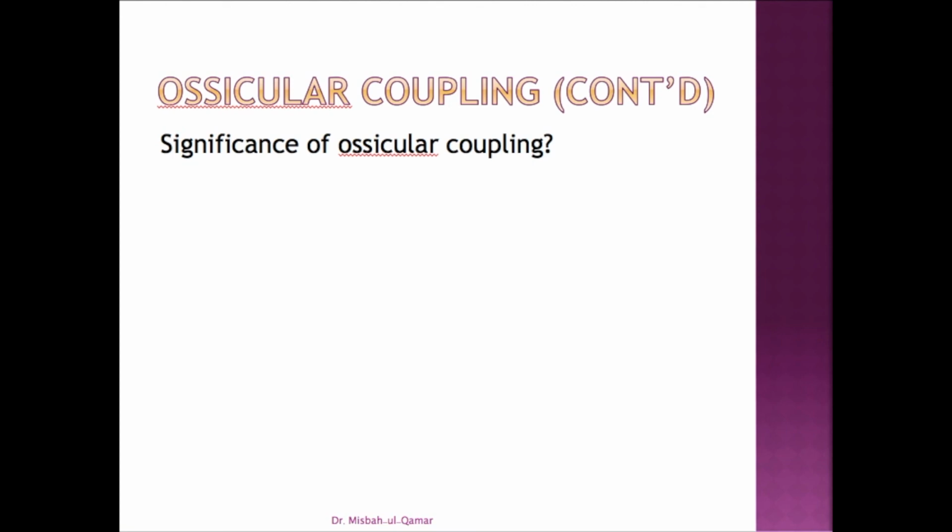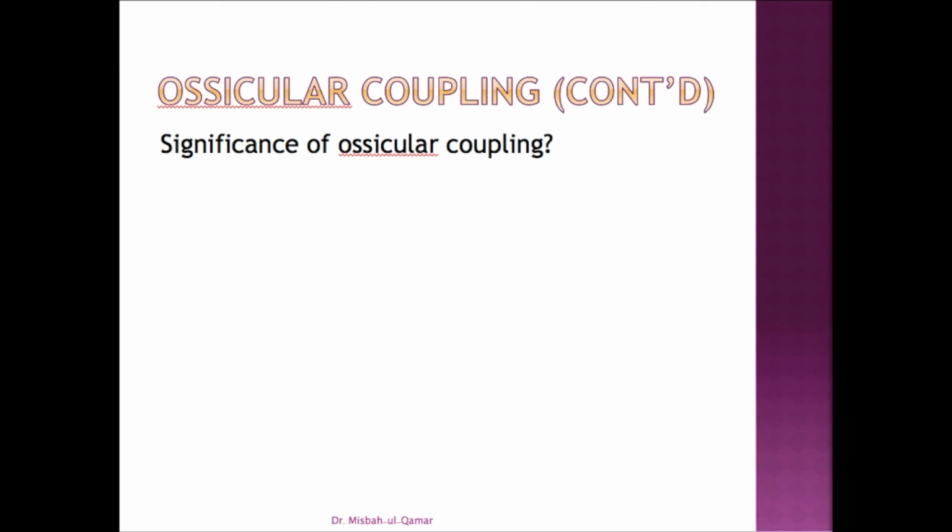And how is the acoustic separation between the two windows achieved? It is achieved by actually two factors: by an intact tympanic membrane and by the presence of a cushion of air around the round window, right? So because of this separation, the ossicular coupling is achieved.